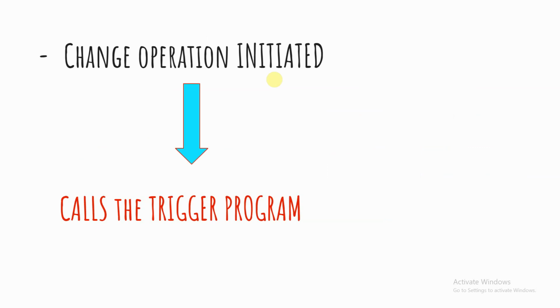Now, change operation: whenever any change operation, meaning SQL insert, update, or delete, is initiated on a table, it calls the trigger program associated with the trigger operation. Each and every time a change operation is initiated, it will automatically call the trigger program, so we cannot stop that.